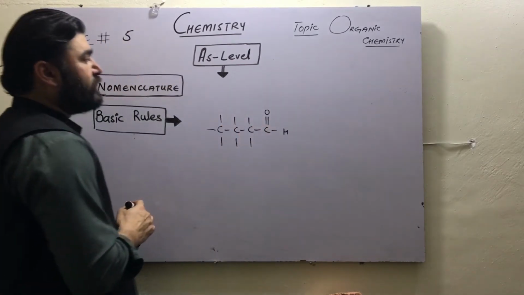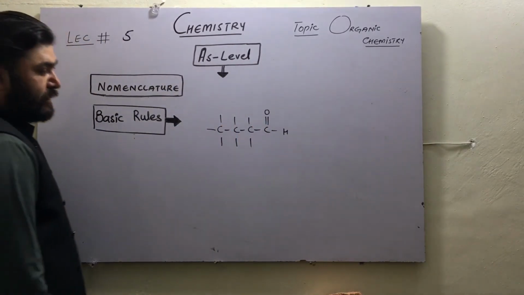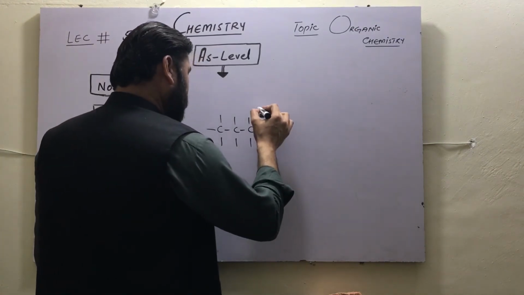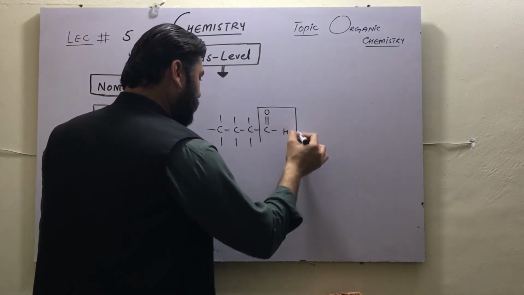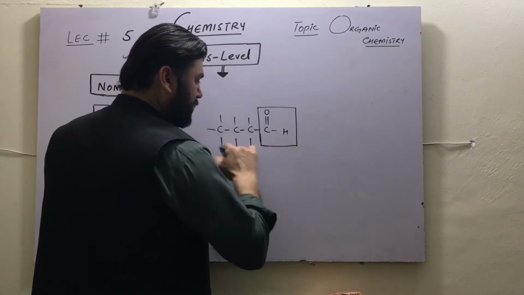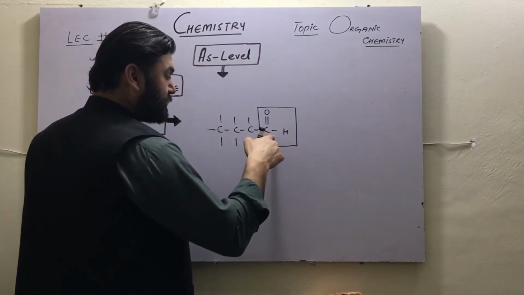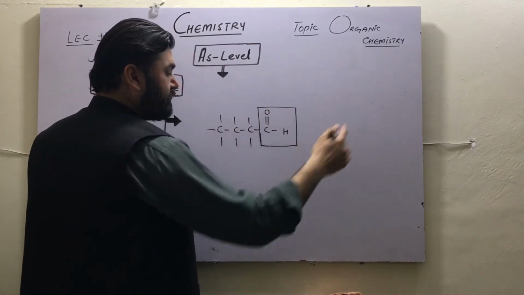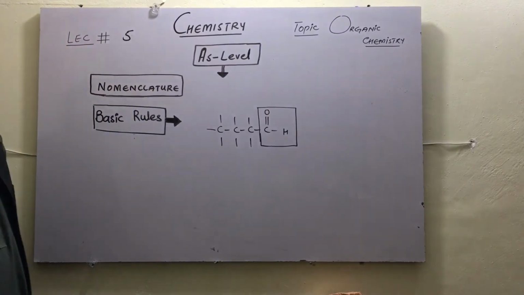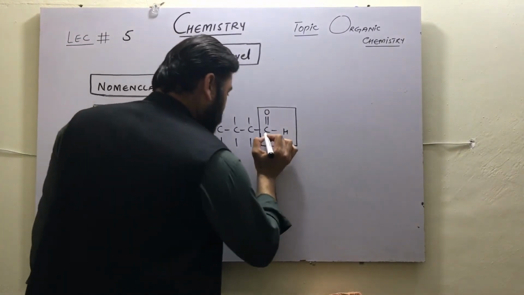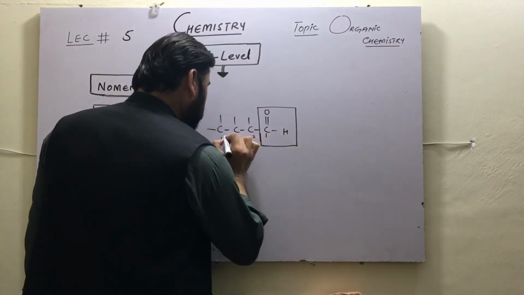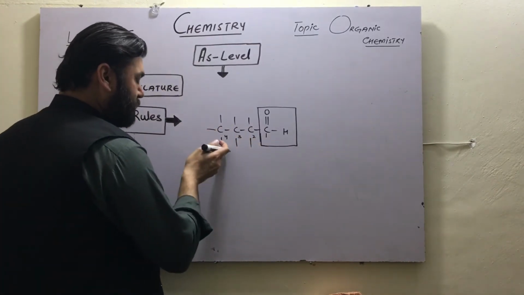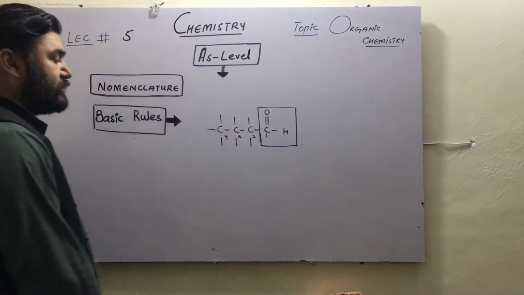One thing is very important: this will always come at the terminal of the chain. It cannot come in the middle. We will always start numbering from here, 1, 2, 3, 4 and so on, for 5 carbon, for 6 carbon, for 7 carbon.